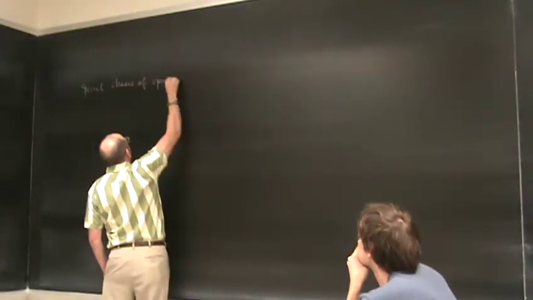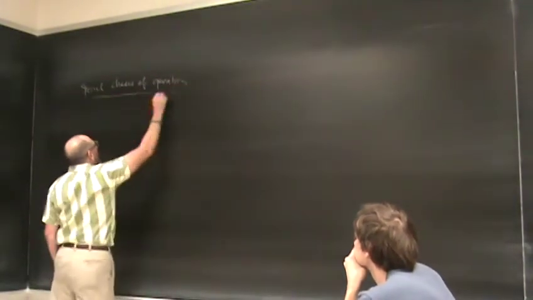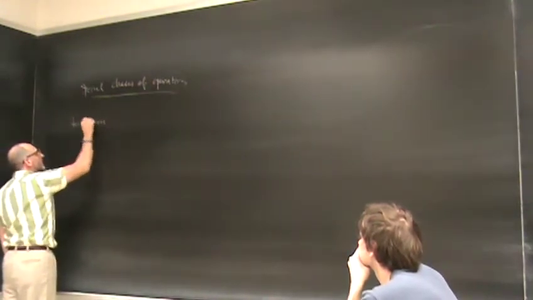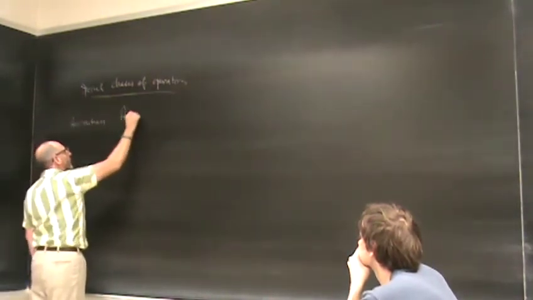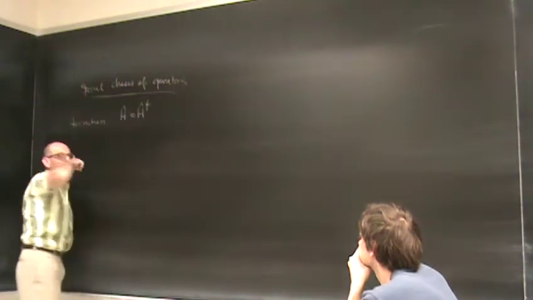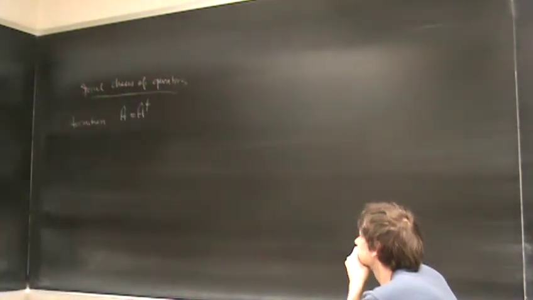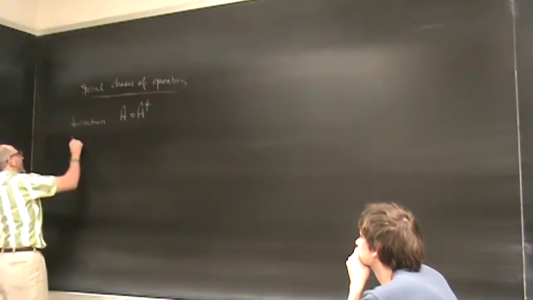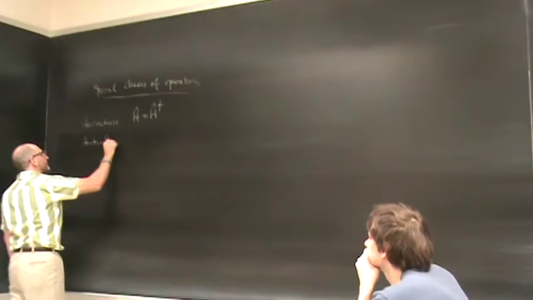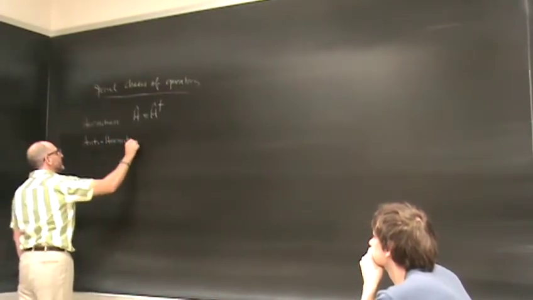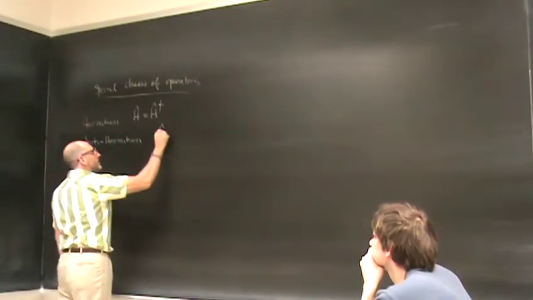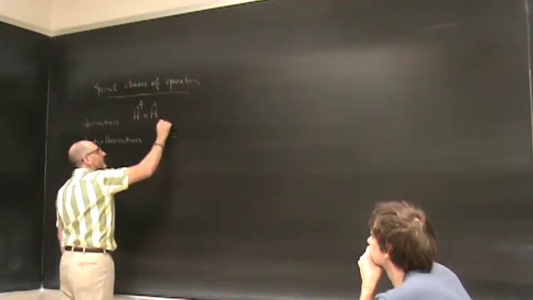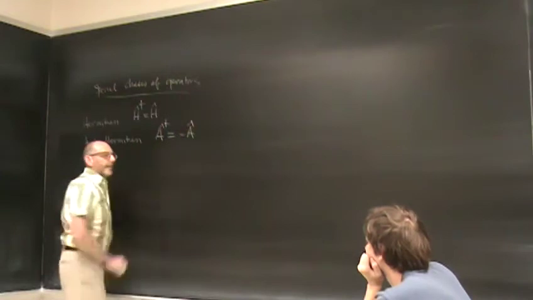So we talked about Hermitian operators, which are also called self-adjoint. And we also have anti-Hermitian operators, sometimes called skew-Hermitian, which satisfy that property.